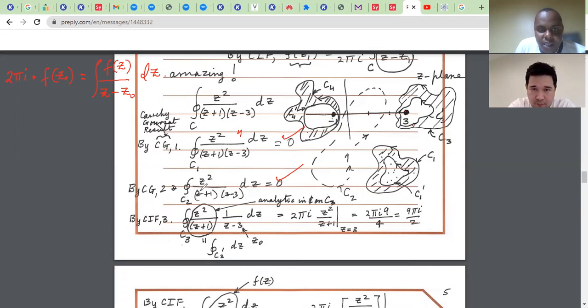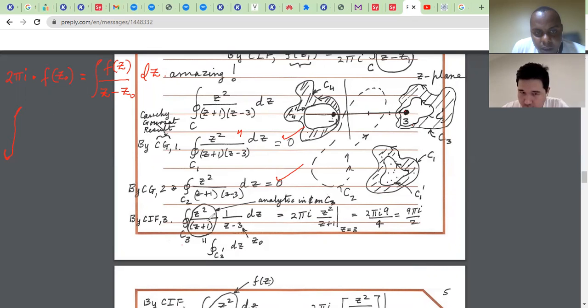So the integral is going to become z squared over 2 pi i. We are using this Cauchy integral formula. So this integral will become the integral of f(z).